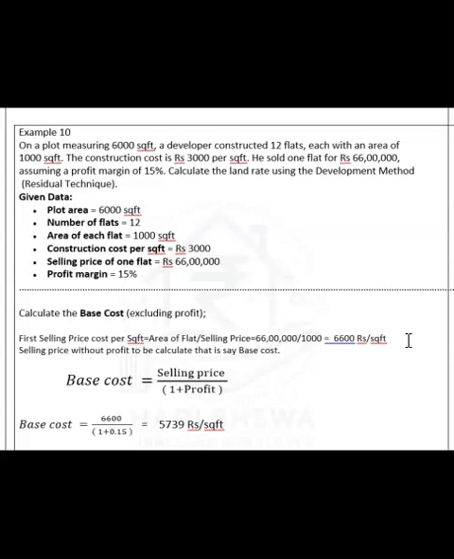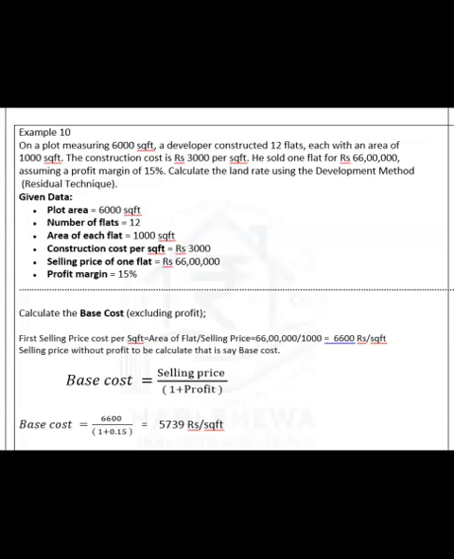We will get the land component. From the land component, we can derive the land rate. Here 6,600 is including profit. Profit margin is 15%. So what is the base cost? Base cost will be selling price divided by 1 plus profit.